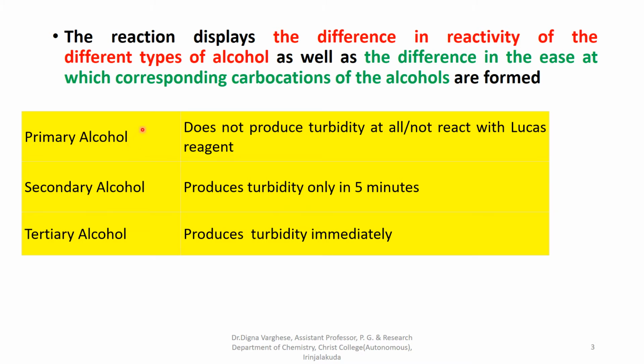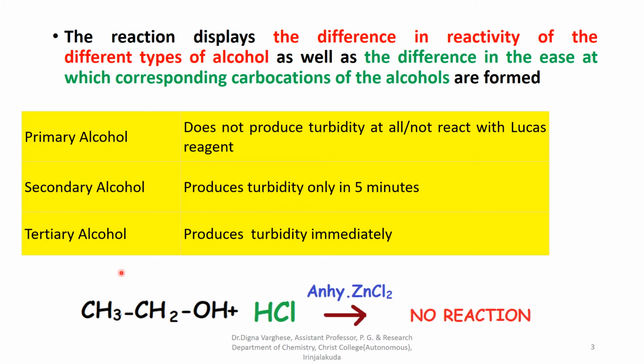So this Lucas reagent reacts with primary alcohol. What happens? Here you can see a primary alcohol. What is a primary alcohol? A primary alcohol is an alcohol in which the hydroxyl group containing carbon atom is attached to only one substituent or one other carbon containing group.